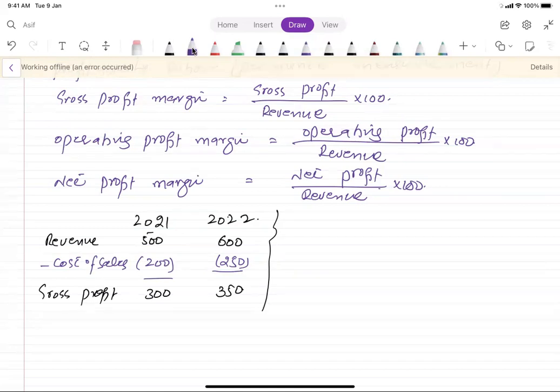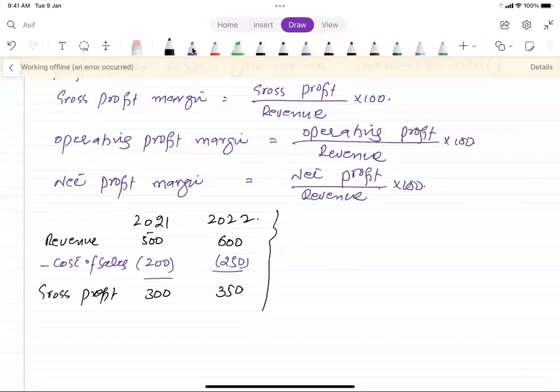The revenue increased in both and cost of sales also increased, but revenue increased by 100,000 whereas cost of sales increased by only 50. So 2022 is better. Okay, because everybody would say this. Everybody will think in the way you are thinking.